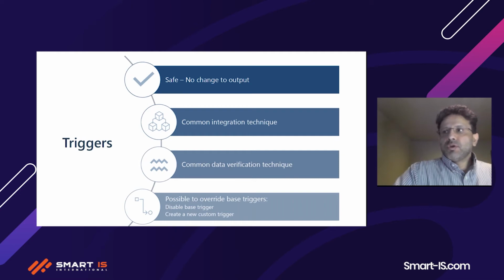So if we are going to log an event or send data someplace, we can absolutely be sure that the caller is not going to break because of the effect that we are introducing. So again, that is a very elegant way. And then it is also possible to override standard triggers. You would basically disable the standard and put your own. So all of that is available with this trigger technique.